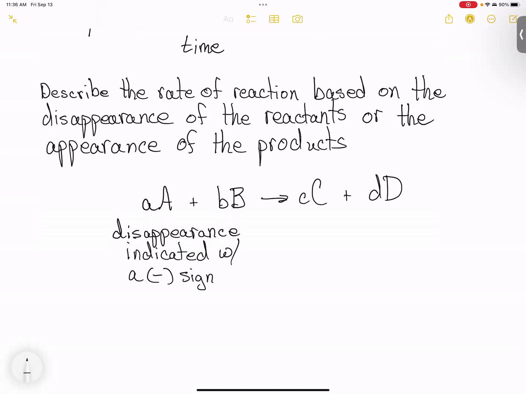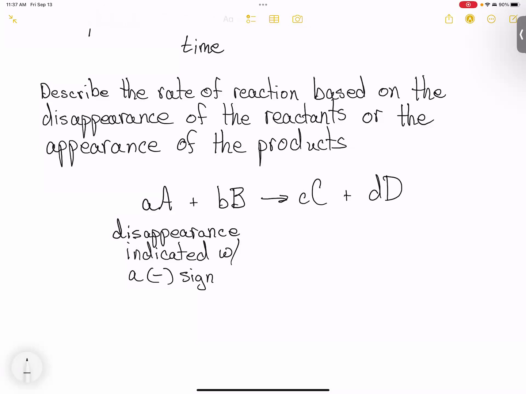Negative does not mean less than 0. Let me ask you a question. If I have hydrogen reacting with chlorine to form hydrochloric acid, can I ever get below 0 hydrogen?